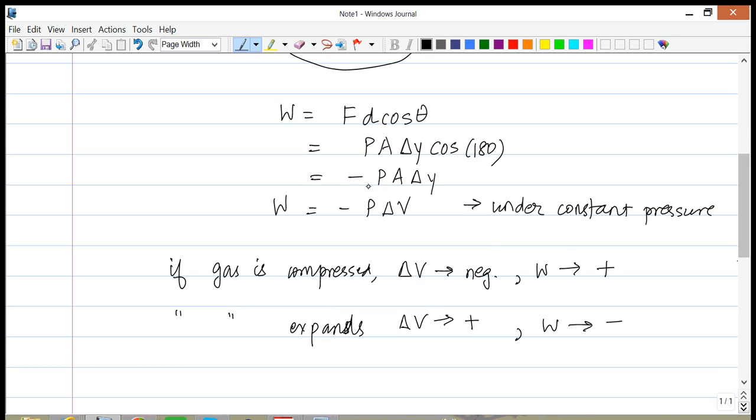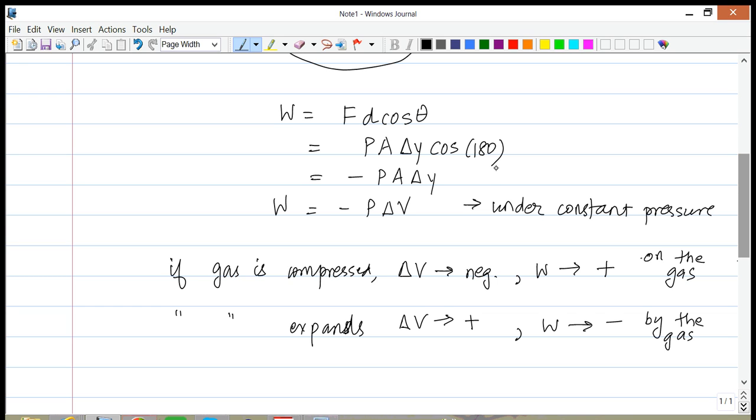Now when the work done W is positive, we say that the work is done on the gas, and when W is negative, we say that the work is done by the gas. This convention is very important, and most of the time when we ask the question, what is the work done, we typically mean work done on the gas, and in case they say work done by the gas, then you need to keep track of the signs correctly.